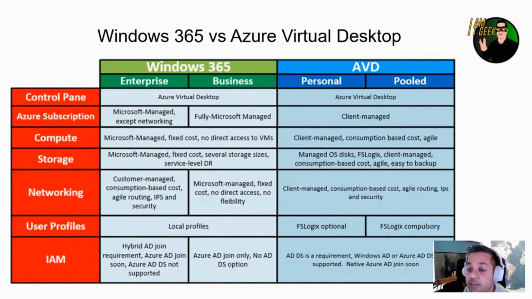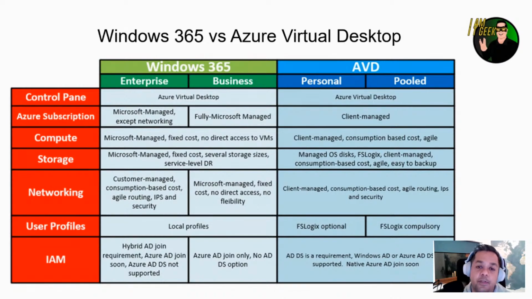It's all client managed, consumption-based model. I've said that about 1 million times in this presentation. It's still agile, and it's easy enough to back up as well. So you can use Azure Backup, for example. You can use third-party products like Veeam. I'm a big Veeam advocate, so I love Veeam.